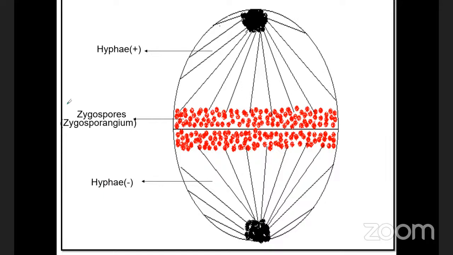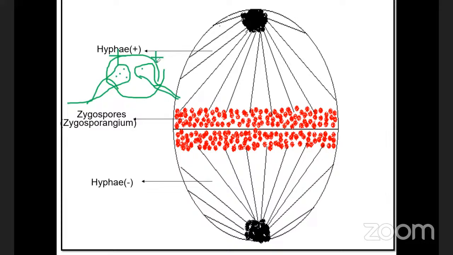Suppose in the zygomycetes, two opposite strains of gametangia come near together and form the columella. The nuclei accumulate and gather here, and these two come together and make plus and minus. Only when it is plus and minus is fusion possible. Otherwise it is not possible.